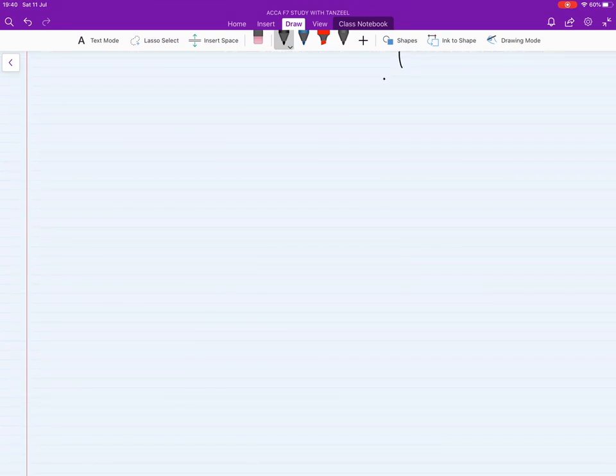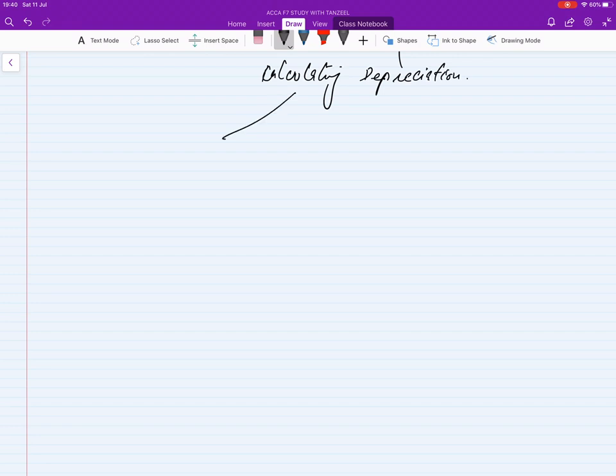There are two different models of calculating depreciation: straight line and reducing balance.